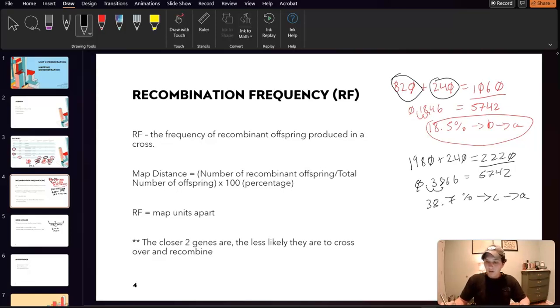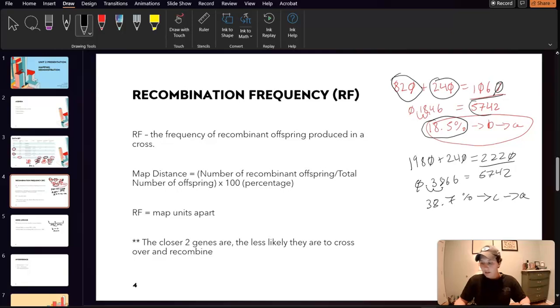So we add them together, we get 1060. 1060, and divide that by the total amount of offspring, 5742, and you'll get a decimal. What you'll do is just convert that to a percentage, and then you get your recombination frequency, which is in a percentage form. So 18.5% for B to recombine with A.